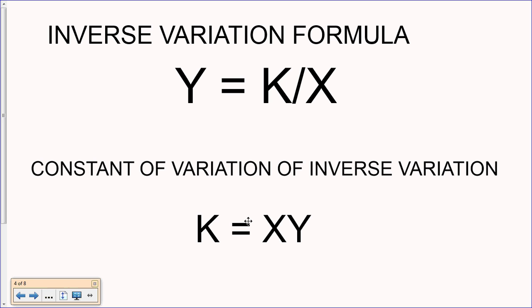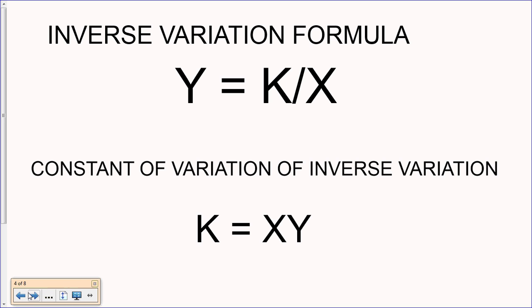Like k is always going to represent a certain product made from the two coordinates of an ordered pair. So again, it's a very specific kind of function, basically. Okay, so every ordered pair will give you the same k, just like with direct.